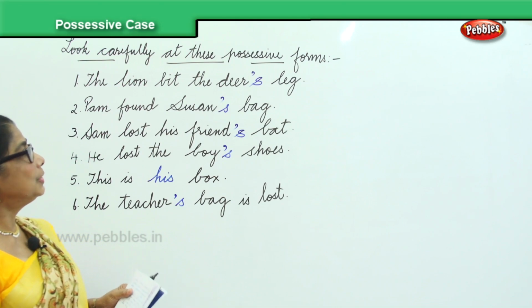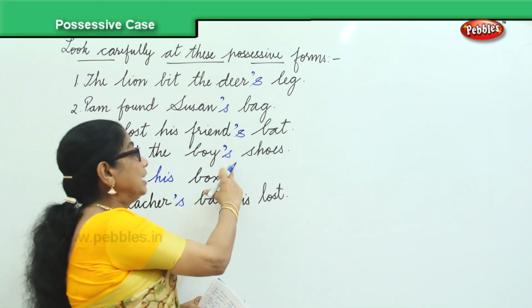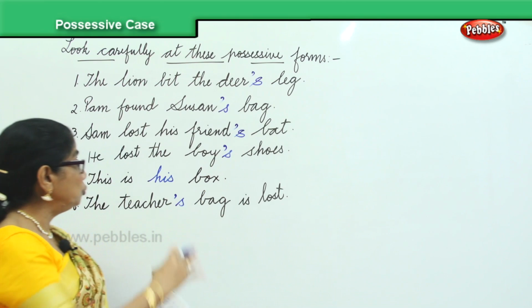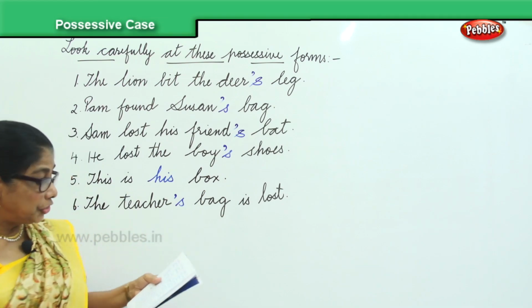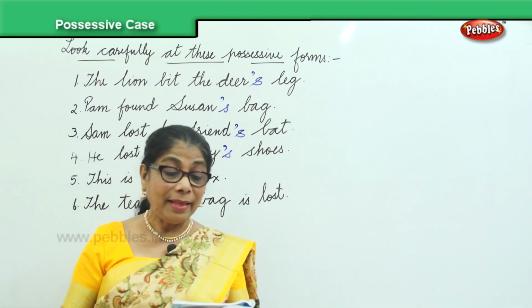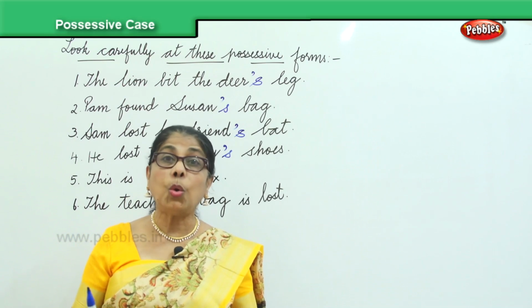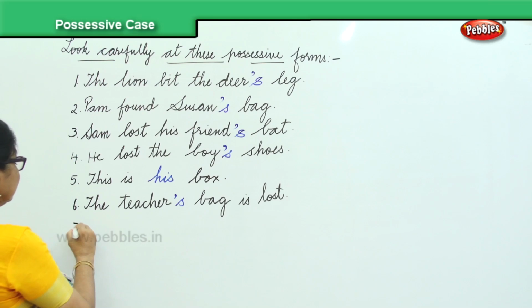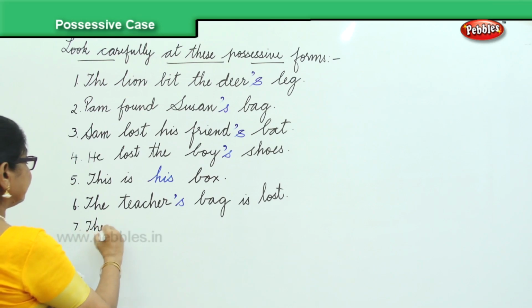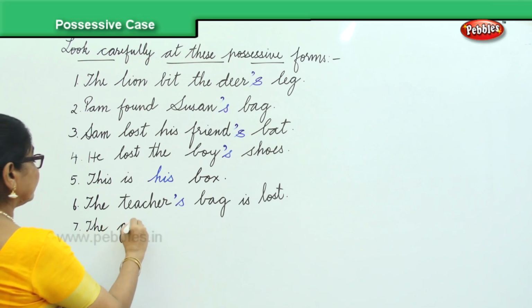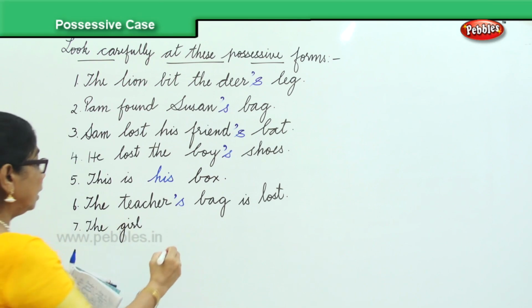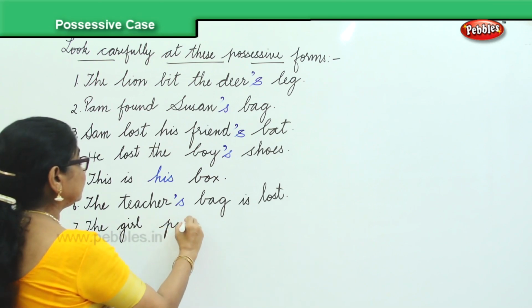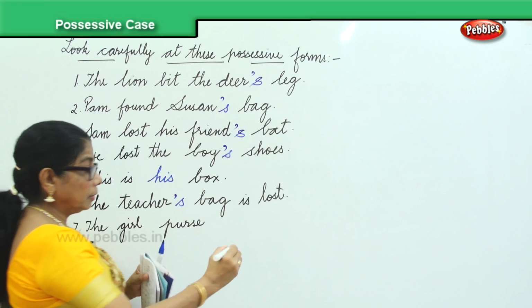Deer's leg, Susan's bag, friend's bat, boy's shoes, his box, teacher's bag. Next, the girl's purse was robbed.